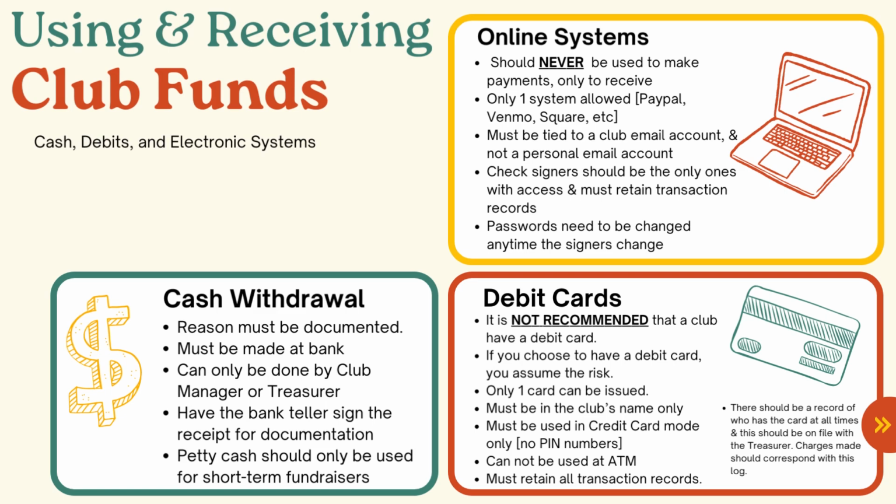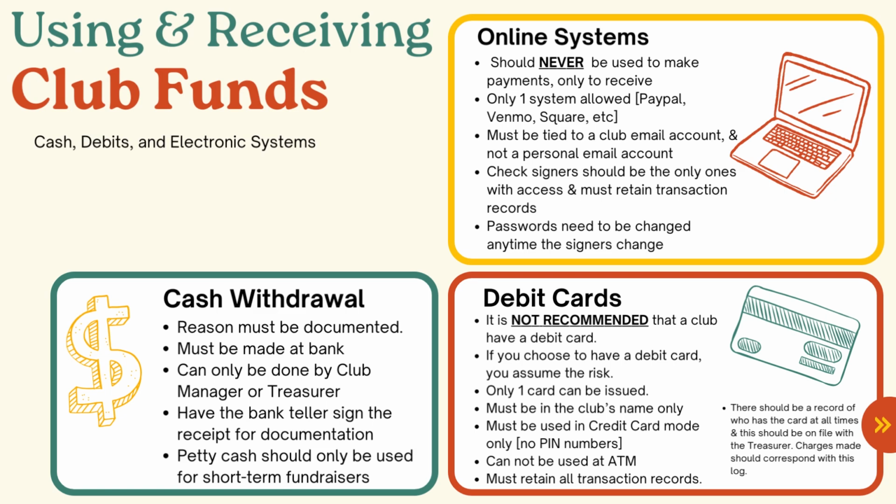Online systems. If we choose to use an online system, we need to make sure that we only use one system and that this system is never used to make payments, but only to receive payment for goods or services that were rendered.